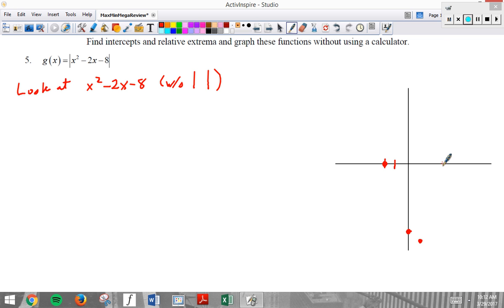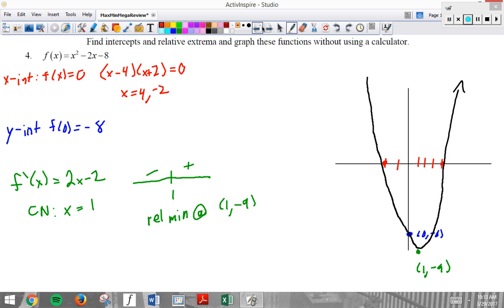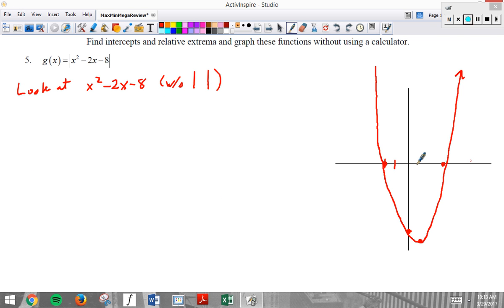Maximum, next point. Man, if I could just make it go, I'd be so happy. 1, 2, 3. I don't know how I did that so straight. 1, 2, 3, 4.